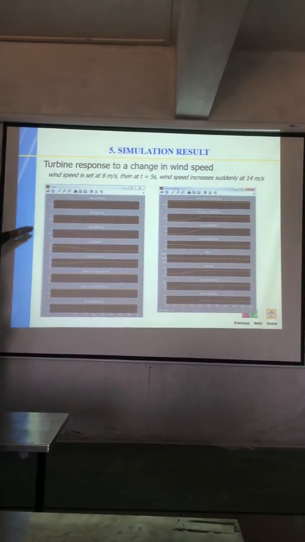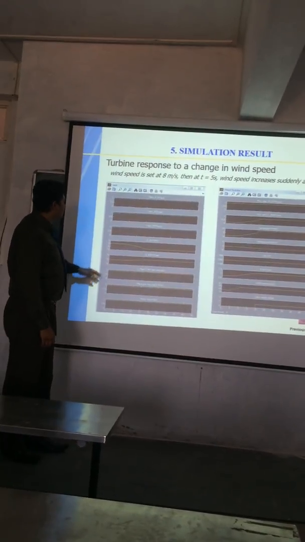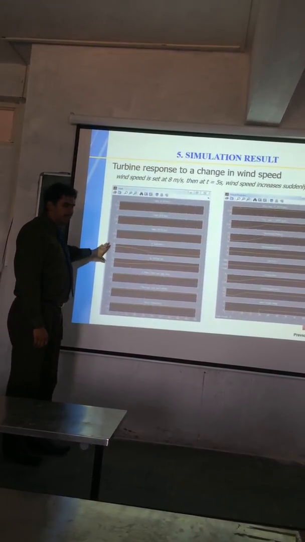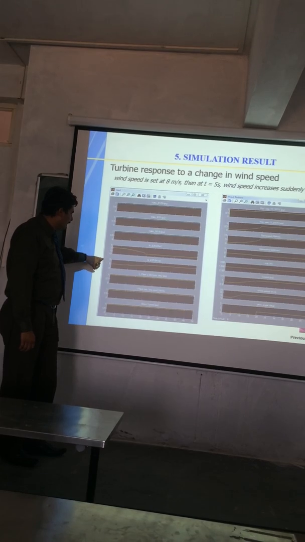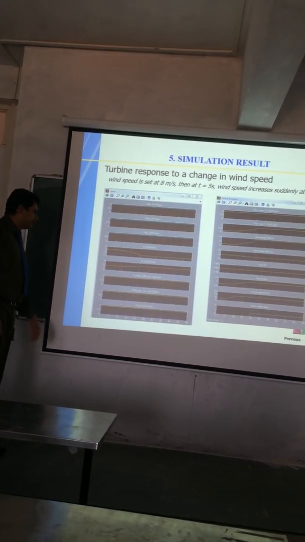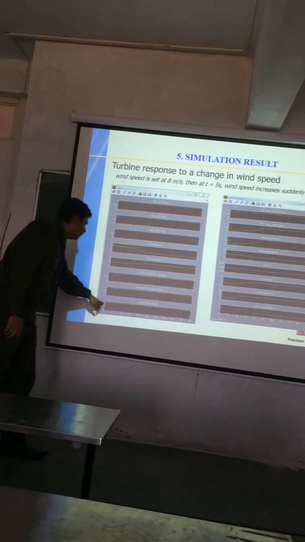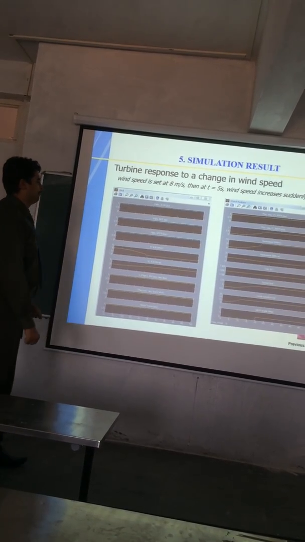These are the outputs of all the parameters like voltage across the grid, voltage losses, power, reactive power, and the motor speed. The motor speed will be kept constant throughout.